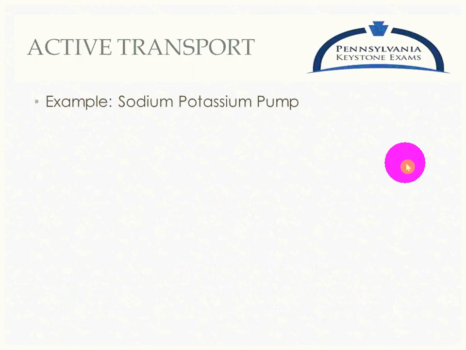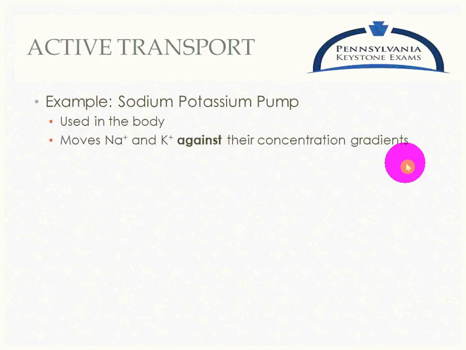A really good example of this is the sodium-potassium pump. So when we think of sodium, we're not talking about sodium metal or potassium metal, we're talking about the ionized forms of these. The sodium-potassium pump is really important in the human body and most organisms. It helps create an electrical gradient.